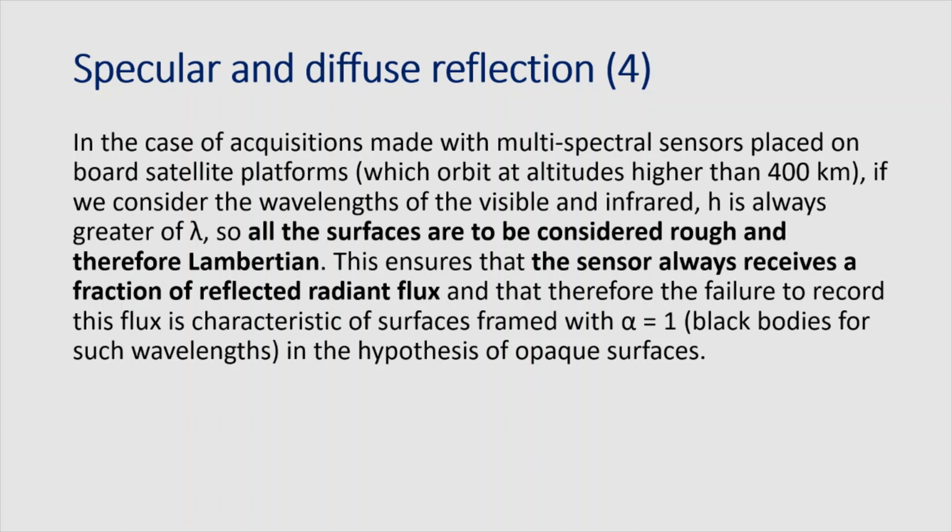That ensures that the sensor always receives a fraction of the reflected radiant flux, and therefore the failure to record this flux is characteristic of surfaces with an absorption coefficient alpha equal to 1. That is the example of black bodies for such wavelengths, where black bodies are ideal bodies that absorb all the incident energy, in the hypothesis of opaque surfaces, because if they are not opaque, we cannot affirm these things.